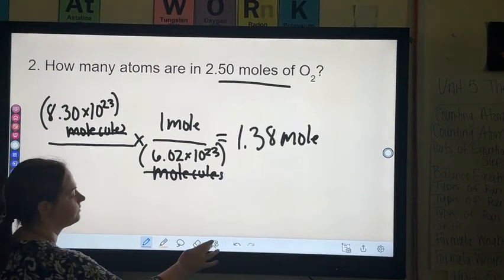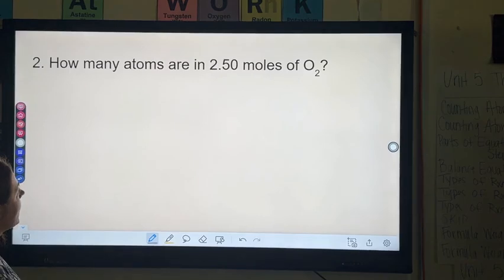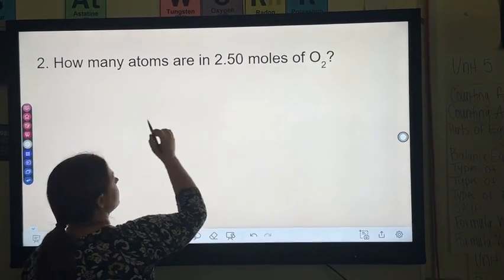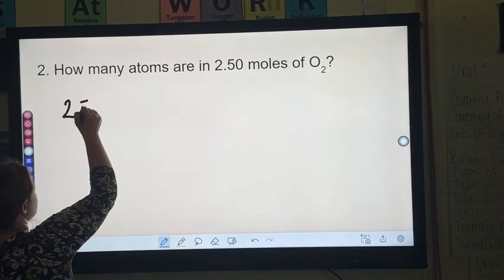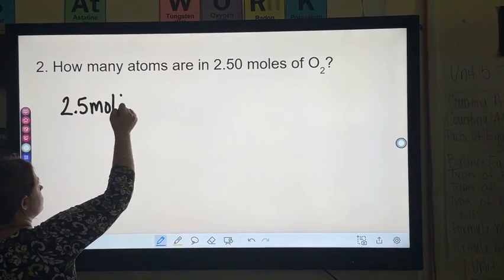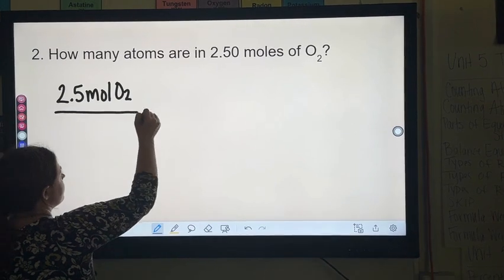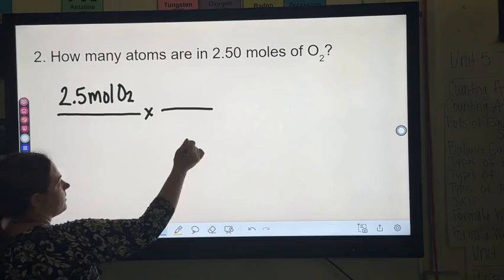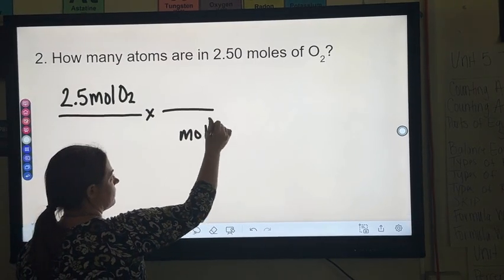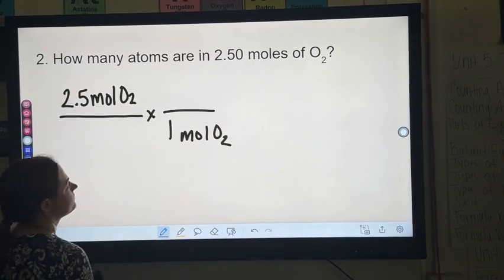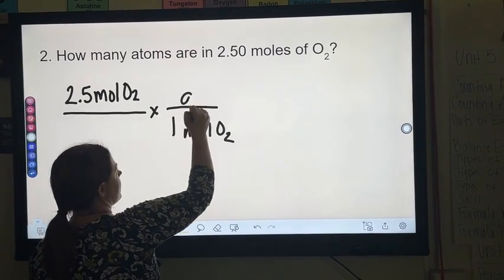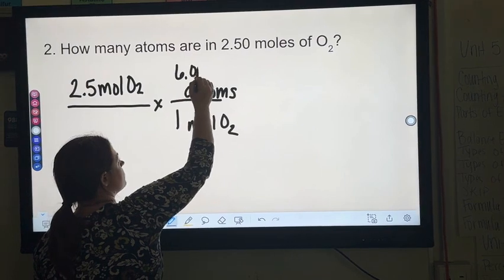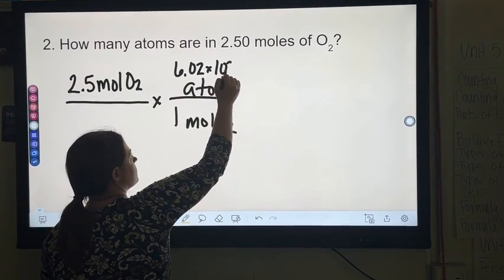Number 2. How many atoms are in 2.5 moles of oxygen? So we're going to start with 2.5 moles of oxygen. Reminder, whatever unit you have on the top, you have to have at the bottom. So we're going to have moles of oxygen down here, and that's equal to 1. We're looking for atoms at the top. The number that goes with atoms is 6.02 times 10 to the 23rd.